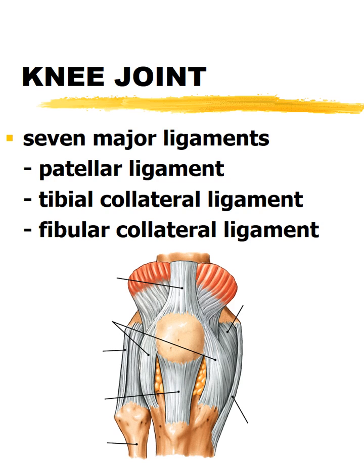The fibular collateral ligament, or the lateral collateral ligament, reinforces the lateral surface of the joint, where this ligament runs from the femur to the fibula and prevents hyperabduction of the leg at the knee.